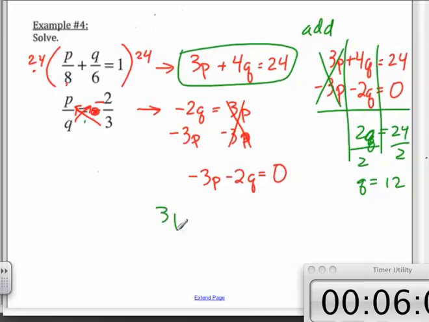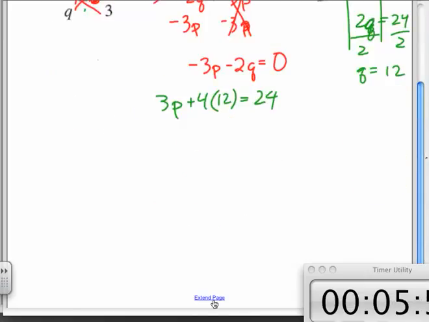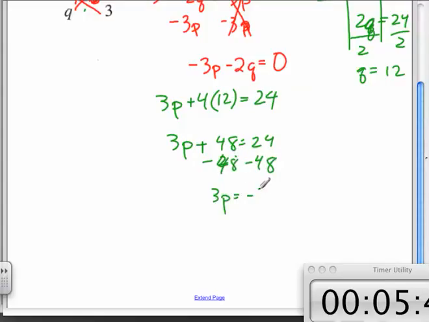So now I'm going to get 3p plus 4 times 12, because that's what q equals, is equal to 24. 3p plus, is that 48? Yeah. Equals 24. I'm going to subtract 48 from both sides. And I'm going to get 3p is equal to negative 24. Divide by 3. And p is equal to negative 8.